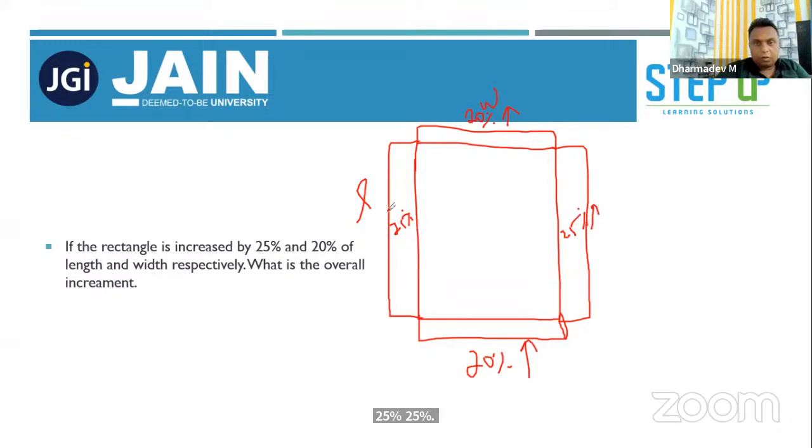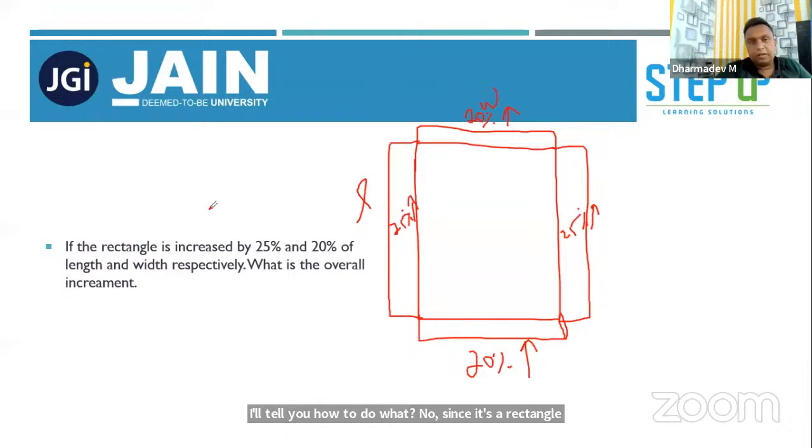I'll tell you how to do it. Since it's a rectangle, when I say the length and width are increased, the corners will also increase. So this is the corner where they would also increase. This one is to be found individually.